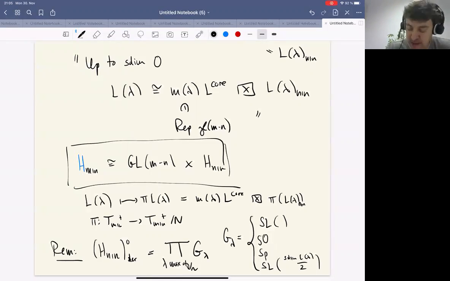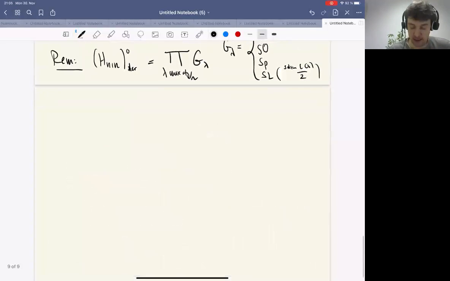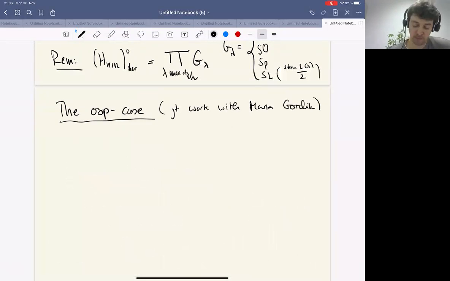Let me briefly indicate what is known for OSP. This is recent joint work with Maria Gorelik. The essential message is whatever you can do for GL(m|n), at least all the beginning steps you can do for OSP.